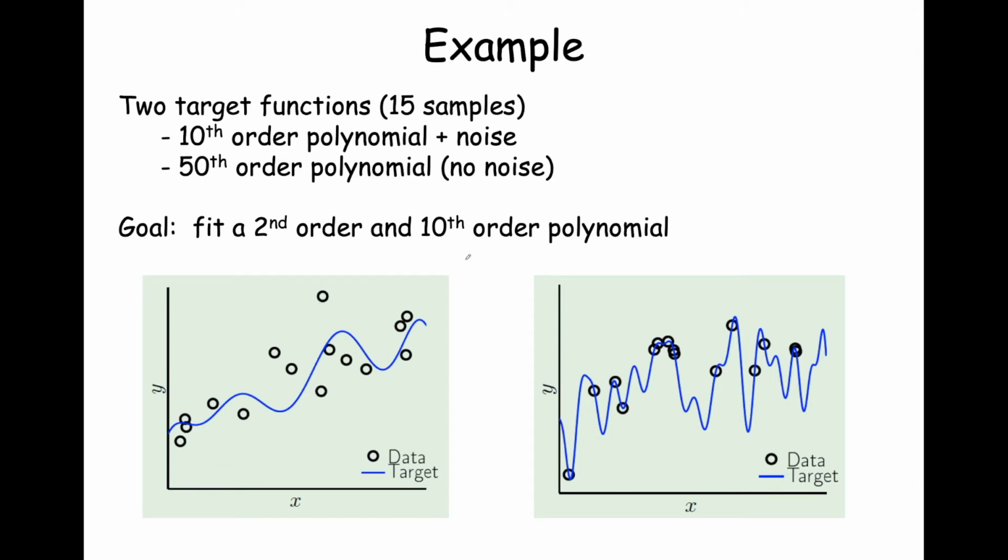And then our complex non-noisy 50th order polynomial, this is what it looks like. It's a lot more wiggly on the right. And we sample 15 data points from this non-noisy target function. You can see that all of these points are on the 50th order polynomial. So on the left here, we have the 15 samples from the noisy 10th order polynomial target function. And on the right, we have the 15 samples from the non-noisy 50th order polynomial.